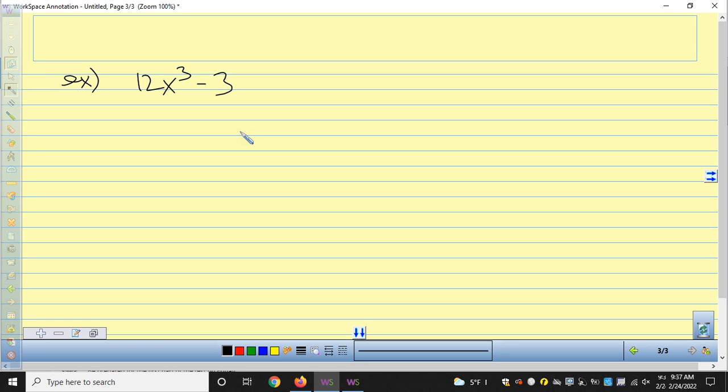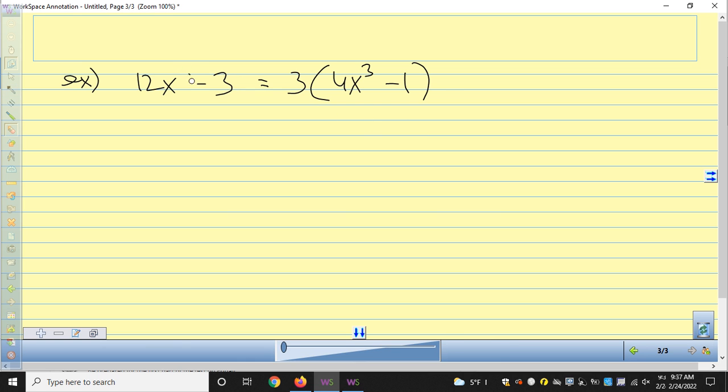So we should always start by looking for a greatest common factor. Is there a number that goes into both 12 and 3? 3. So I need to pull that out front. 3 times 4x to the third minus 1. Sorry, I don't want this to be a third. I want this to be squared. I was thinking about tomorrow's lesson.